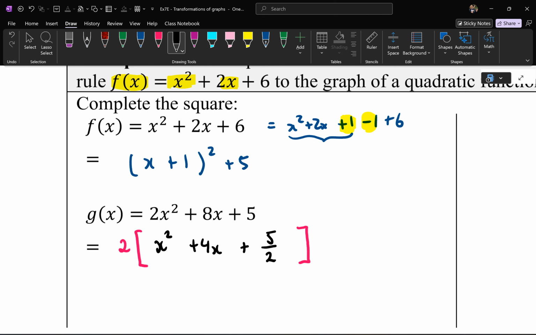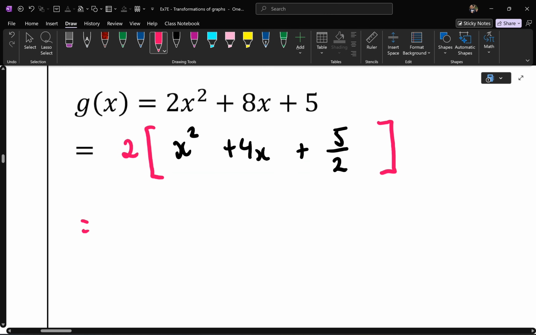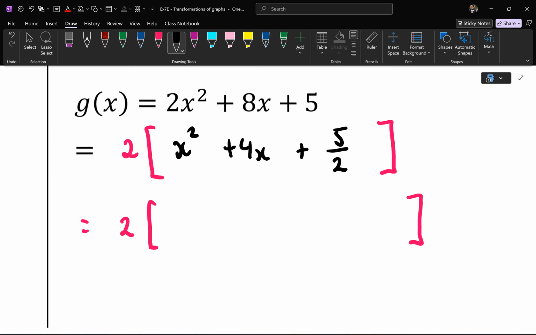Leave it as a fraction. Don't change it to decimals, not 2.5. All right. This now, you can complete the square. Let's have a go. I'm going to keep it color-coded so you remember the 2 is still on the outside. So doing what Sion did before, you got x squared plus 4x. If you want to know what you need as the last constant, half the middle term and then square it.